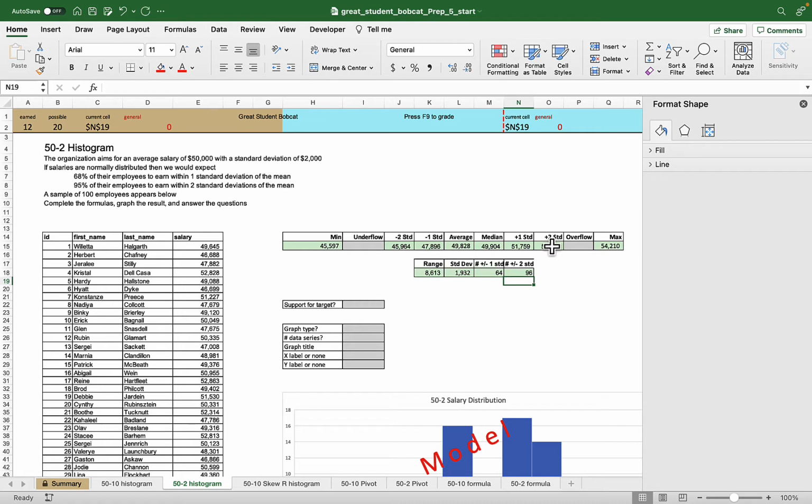And so that's 96, which is right around 95. So the empirical rule seems to hold with our data set. Okay, so is there support for the target? Absolutely.